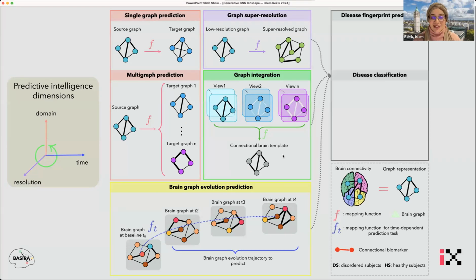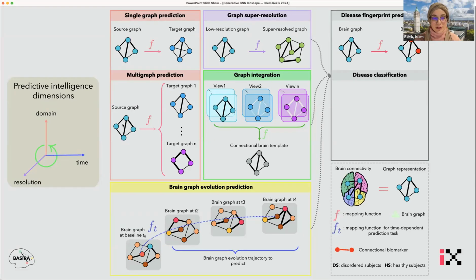Now you may ask, okay, so you generated all this data, so what's the point? Why are we doing all this generative learning? The goal is actually to use the source data along with the predicted data, if we trust the predicted data, to do a disease fingerprint prediction, which means identifying holistic biomarkers across maybe different domains.